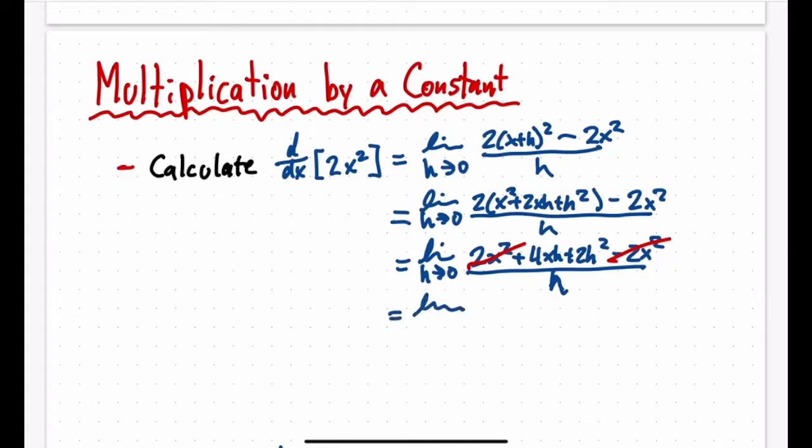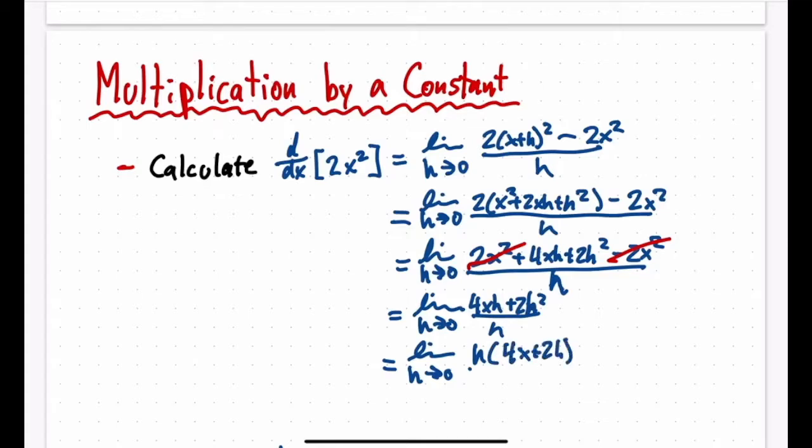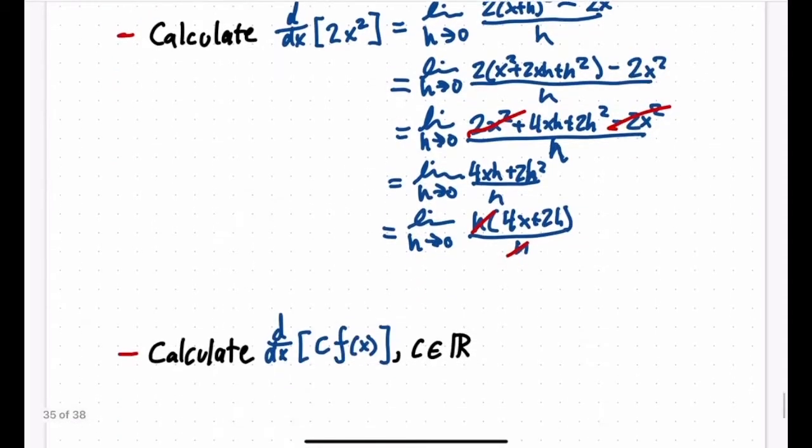So then the limit as h approaches 0 of 4xh plus 2h squared all over h. We can factor an h because there's one in every term. So h times 4x plus 2h over h. These two cancel each other out as well because there's one in the numerator, one in the denominator.